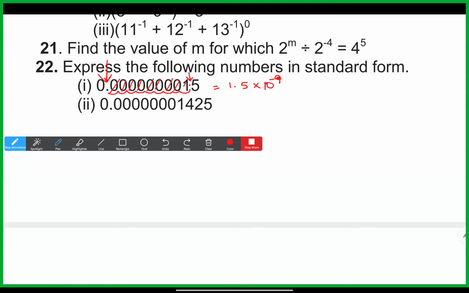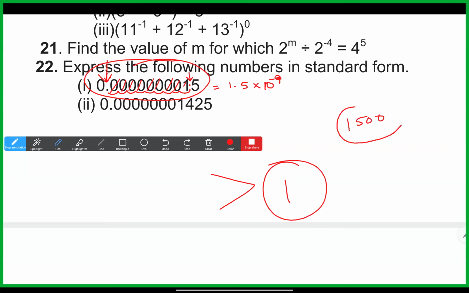Then there are questions with positive power also. The process is the same, but a positive power comes when the given number is more than 1. More than 1 means bigger. For example, 1500. If they ask 1500 in standard form, originally 1500 has no decimal, so I can write it as 1500.0.